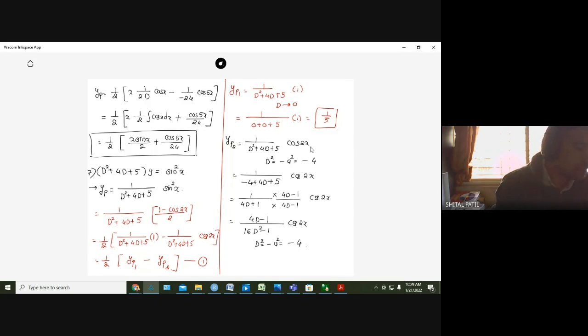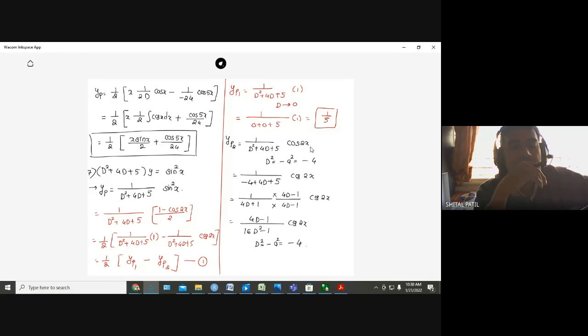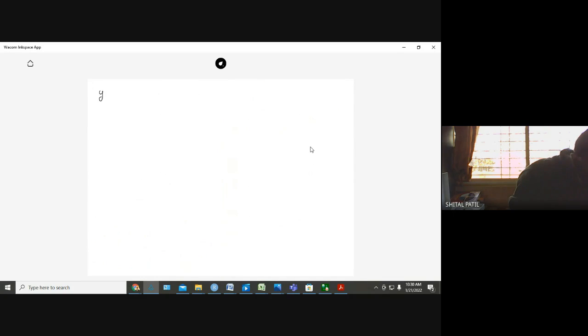Can I change the page? Yes, sir. Everyone has written this. What was there in the denominator?